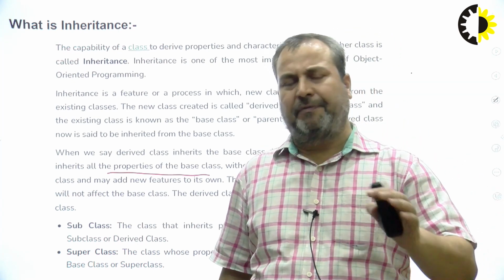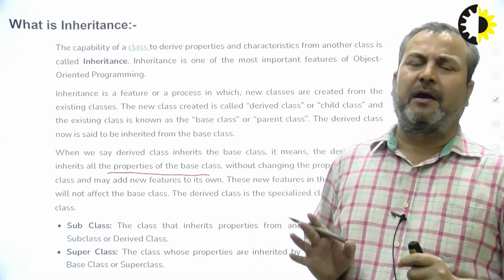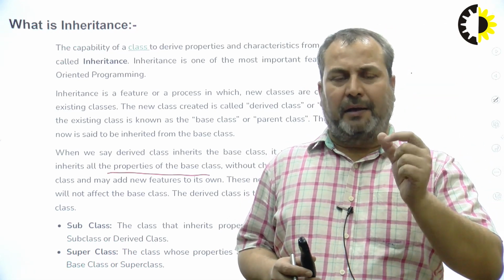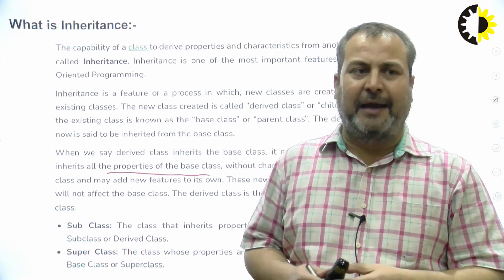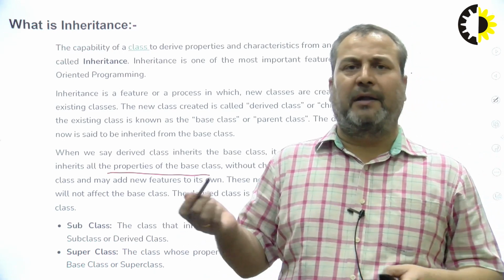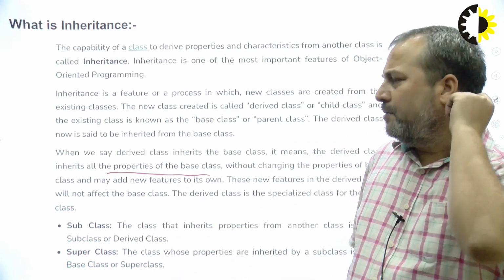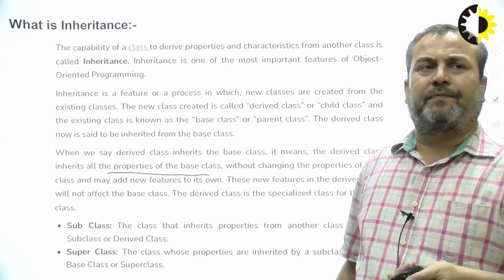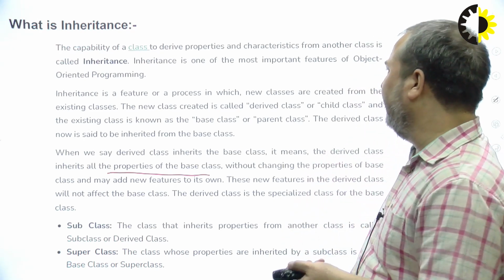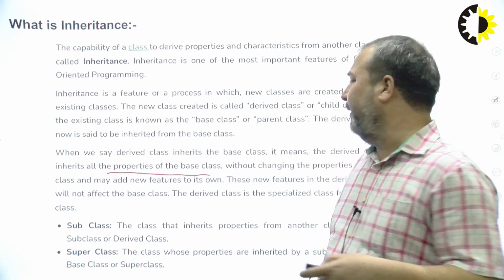Whatever function or utility is already there will remain, the new requirement can be added, and whatever was there earlier can be inherited. So the maintainable features of software can be achieved by using the concept of inheritance.